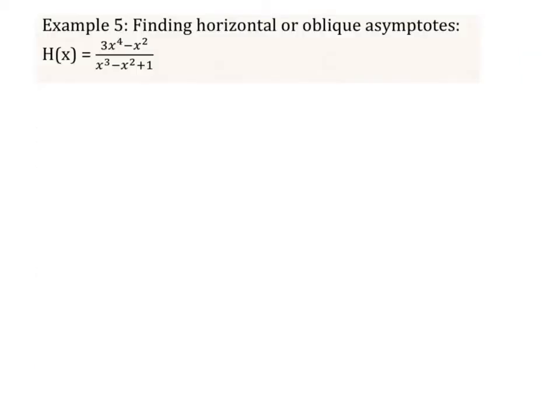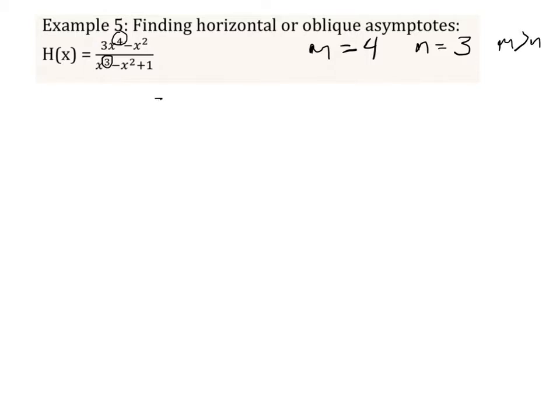So here's an example of a scenario where our power is larger on top than on bottom. Okay, the degree of the top, m, equals 4, and n in the denominator equals 3. Okay, so m is greater than n, and we need to do long division. So here's a little refresher in long division.